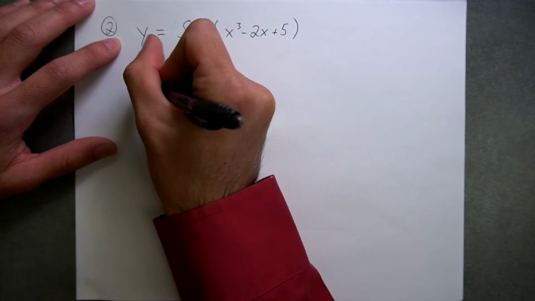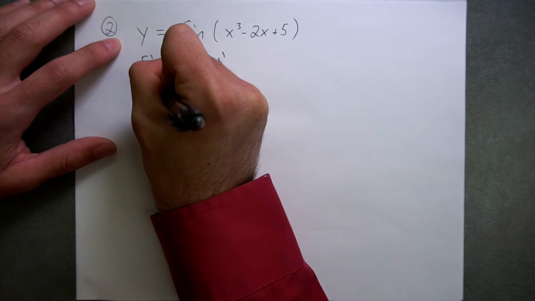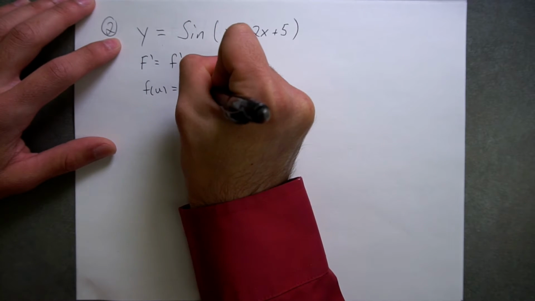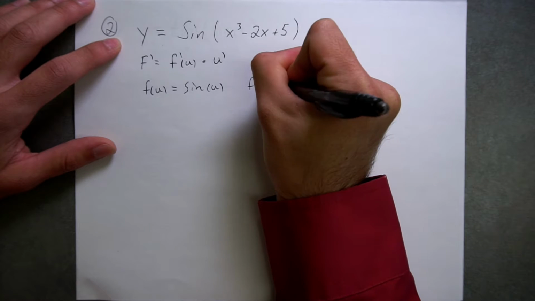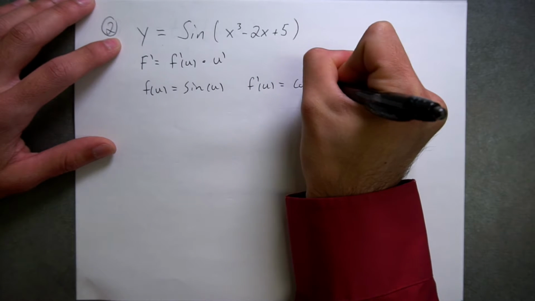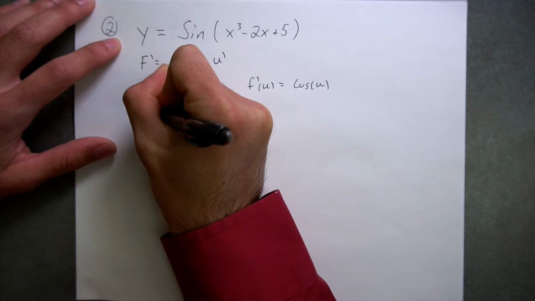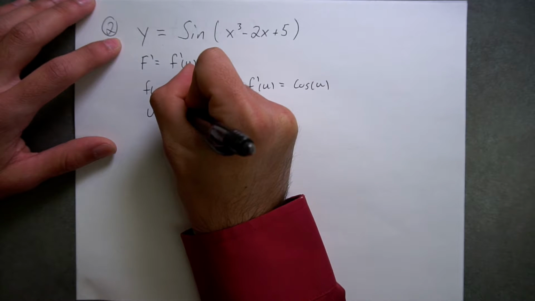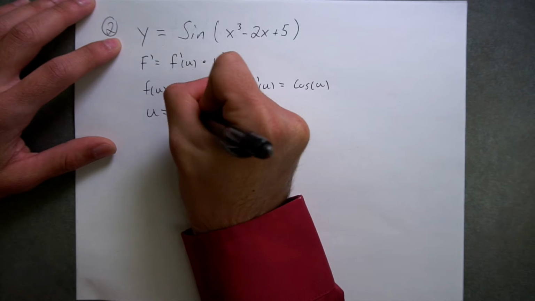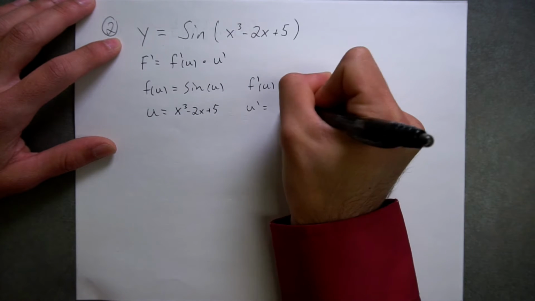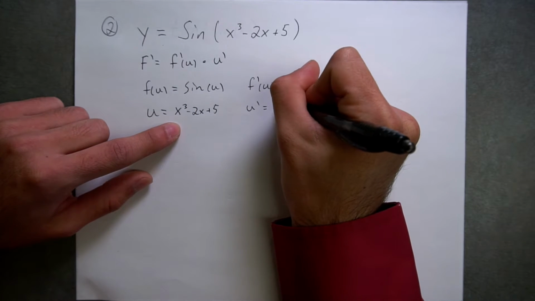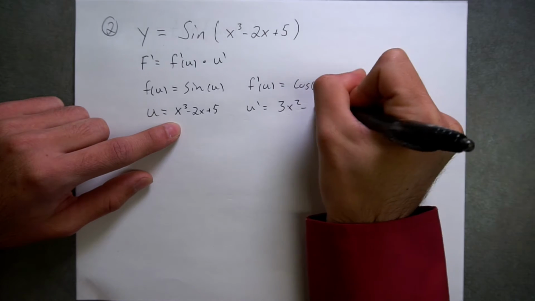So our outside function, f of u, is equal to sine u, or f prime of u is cosine u. U is then the inside part, which is x cubed minus 2x plus 5. U prime would be 3x squared minus 2.